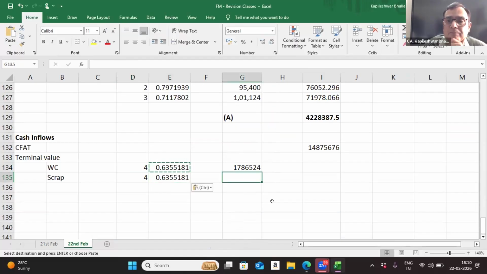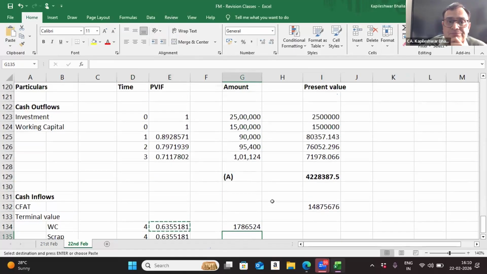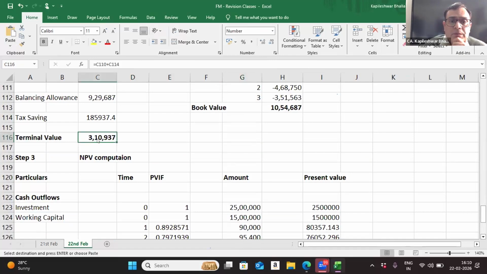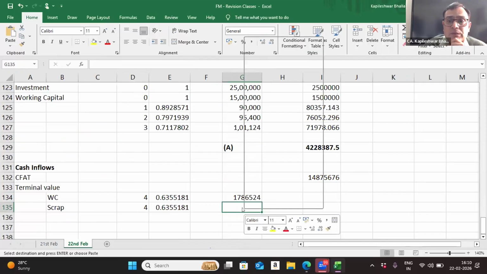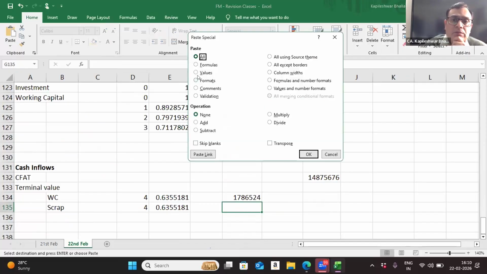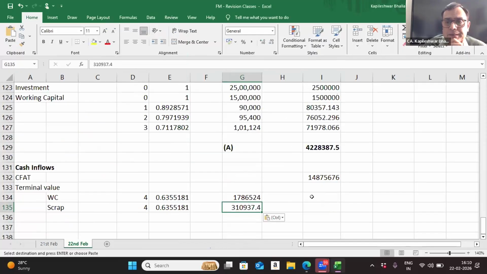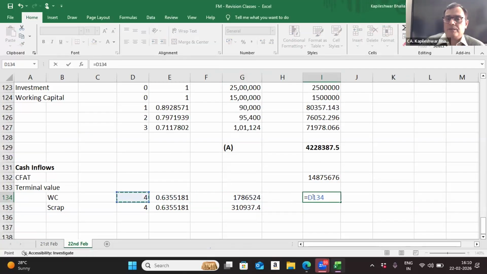Now the scrap value is there with me. This is the terminal value. You can fit it out here. Once you've done the working notes, it is all about fitting the information directly. So multiply this into the P factor.